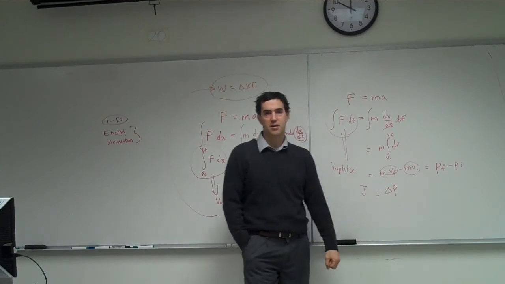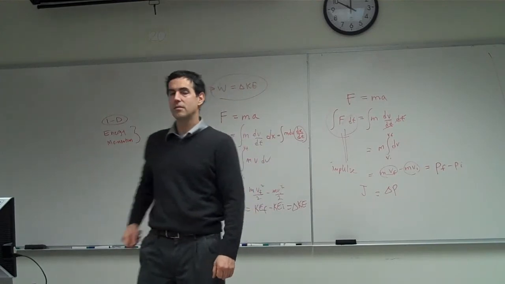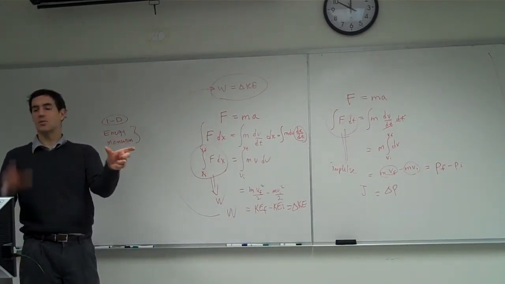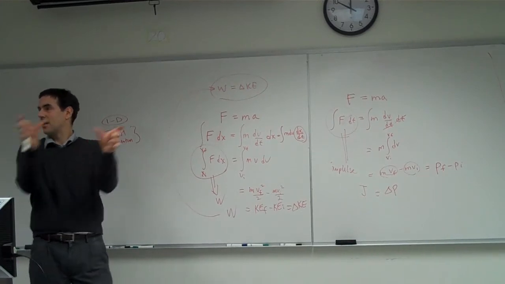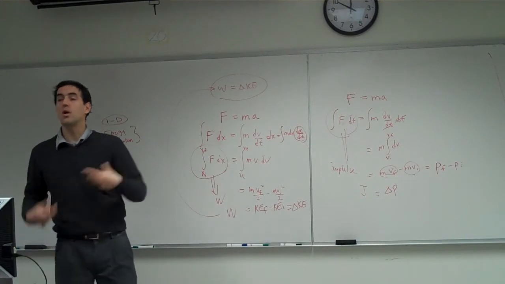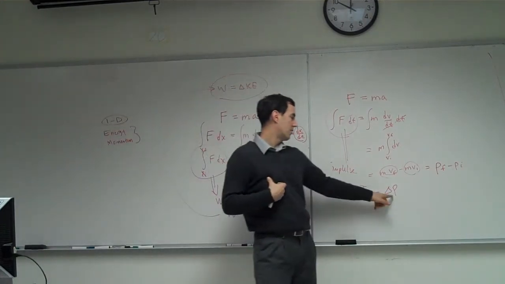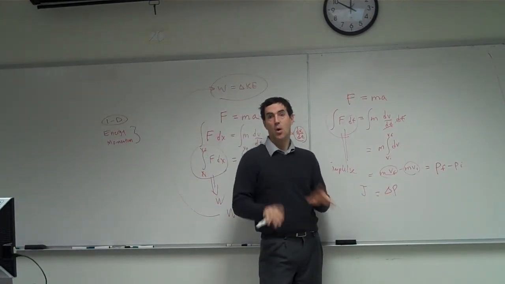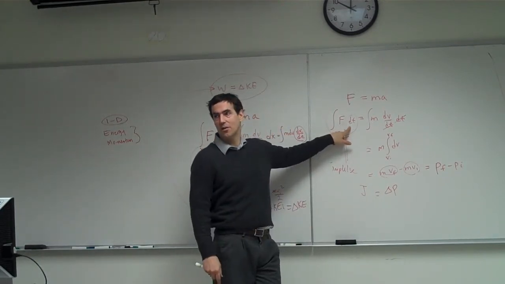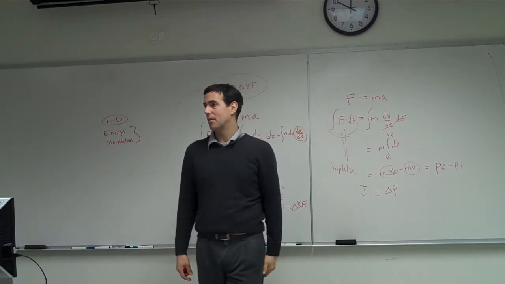Is impulse a vector? Yes. You can't ever have an equation where you have a vector equal to a non-vector. So if you have a vector on one side of the equation, the other side also has to be a vector. So you could have answered that question by saying, well, if that's a vector, that's a vector. Done. Or you could have come back here and said force is a vector times a scalar. Vector times a scalar is a vector.